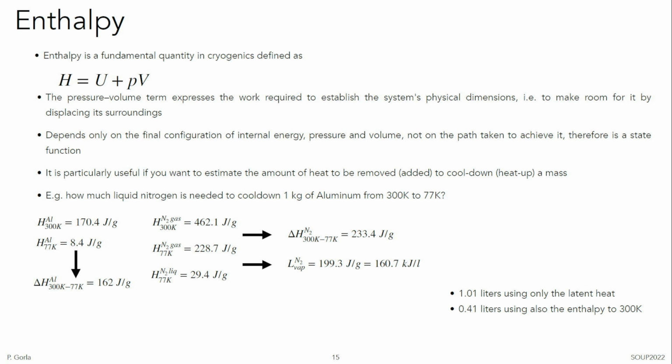I will not go too much into the details, but this is important because it allows us to do some easy estimation on how much cold material you need to cool down a solid.